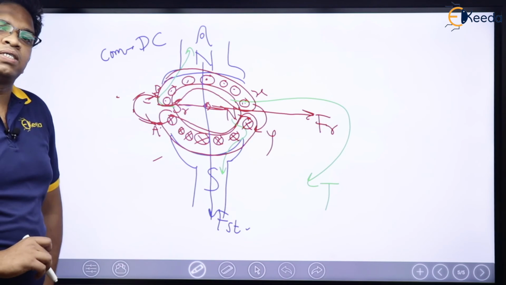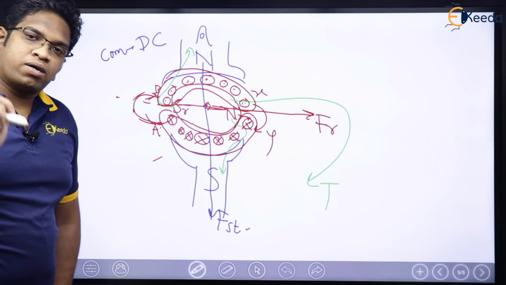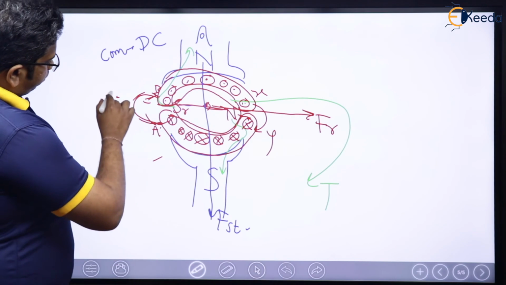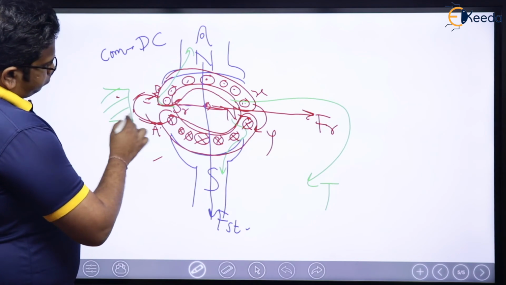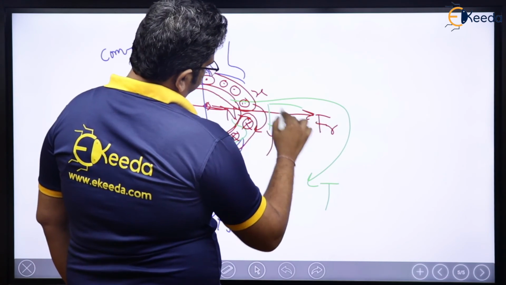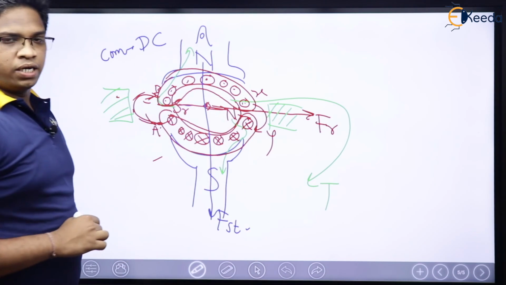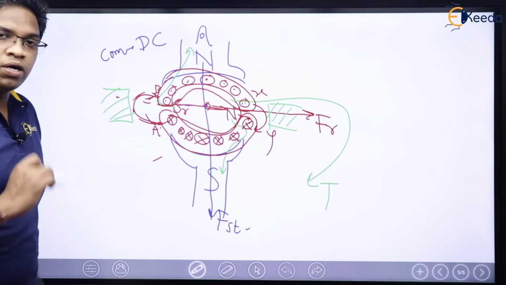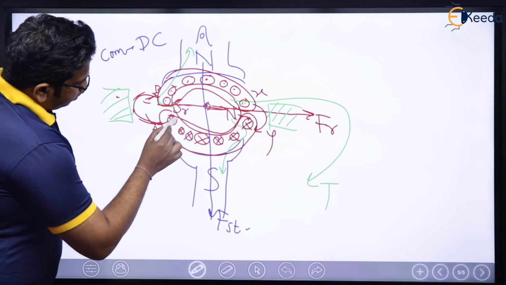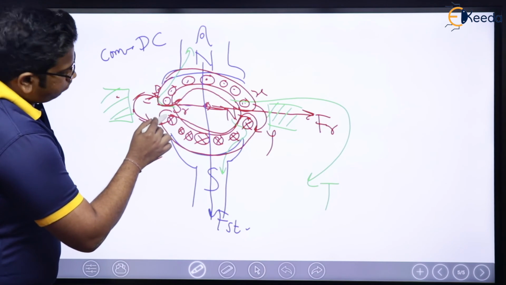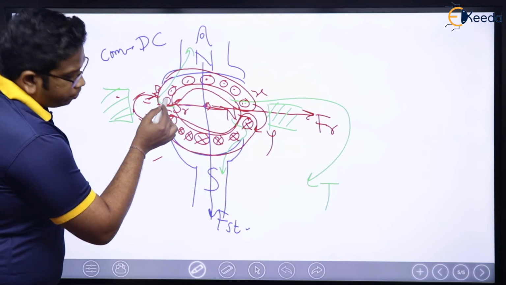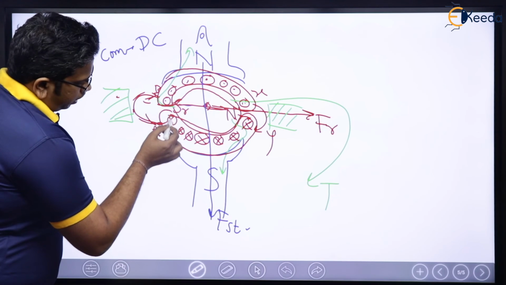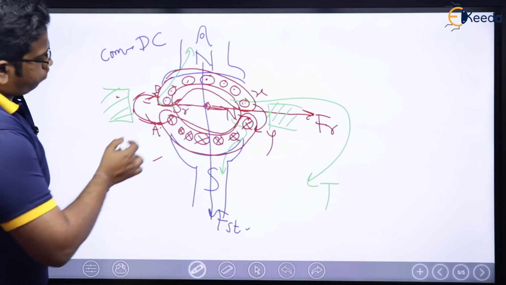Who will do that? That arrangement will be done by a commutator. Here will be the commutators. Because of these commutators, whenever conductor A occupies the place of B, its direction of current will change from cross to dot.